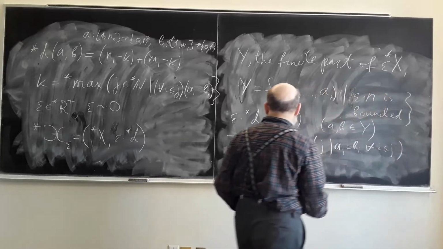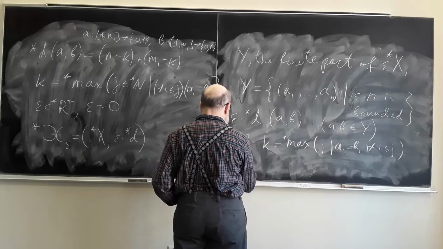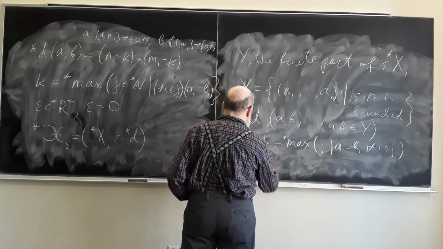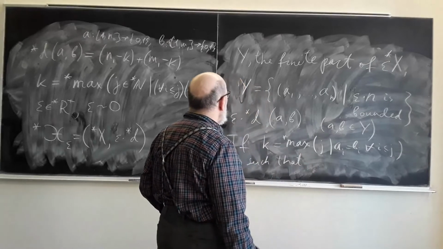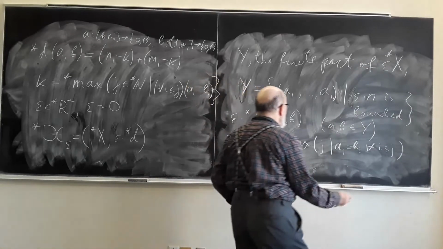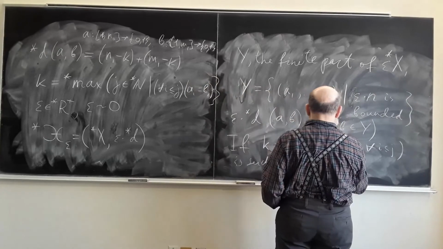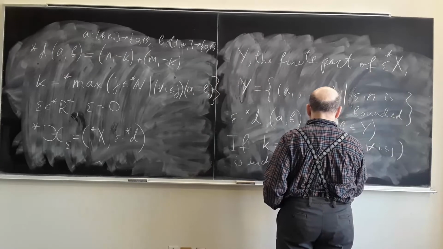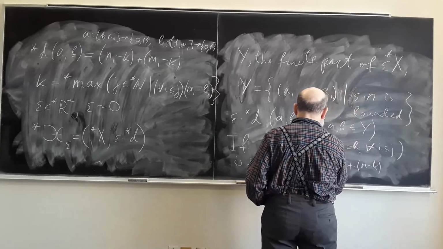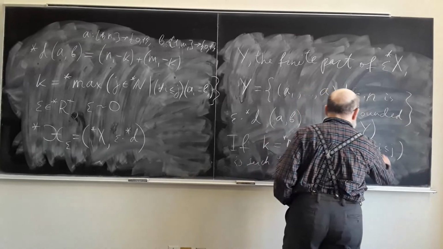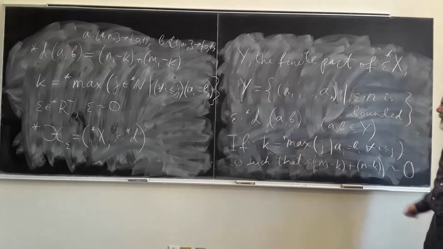So the point of divergence, if K is such that M minus K plus N minus K times epsilon is infinitesimal.